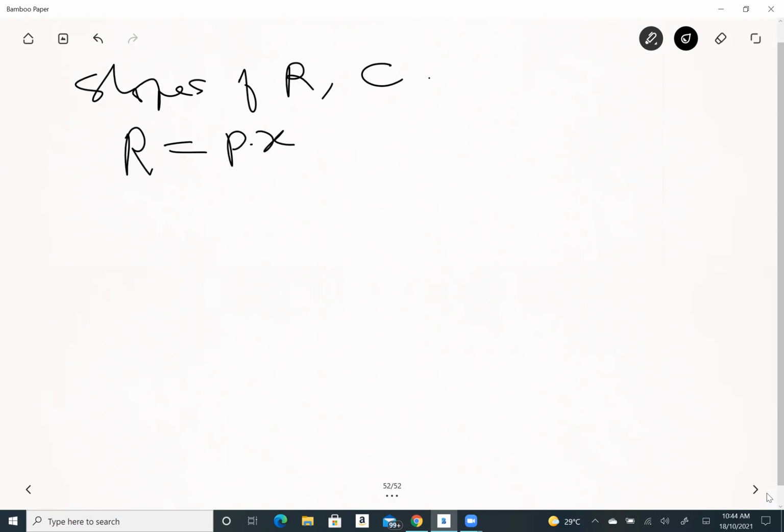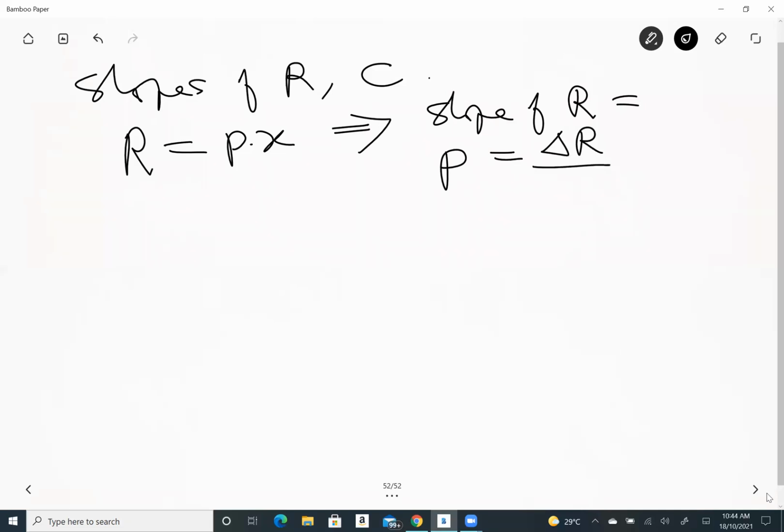The slope of the revenue function, slope of R, is equal to P. It is equal to delta R over delta X. So delta R over delta X, that is the P.